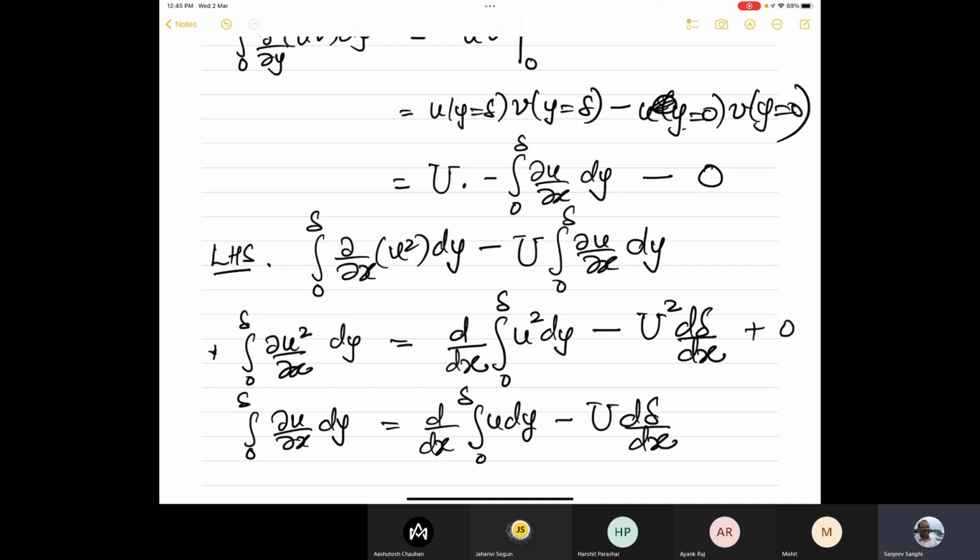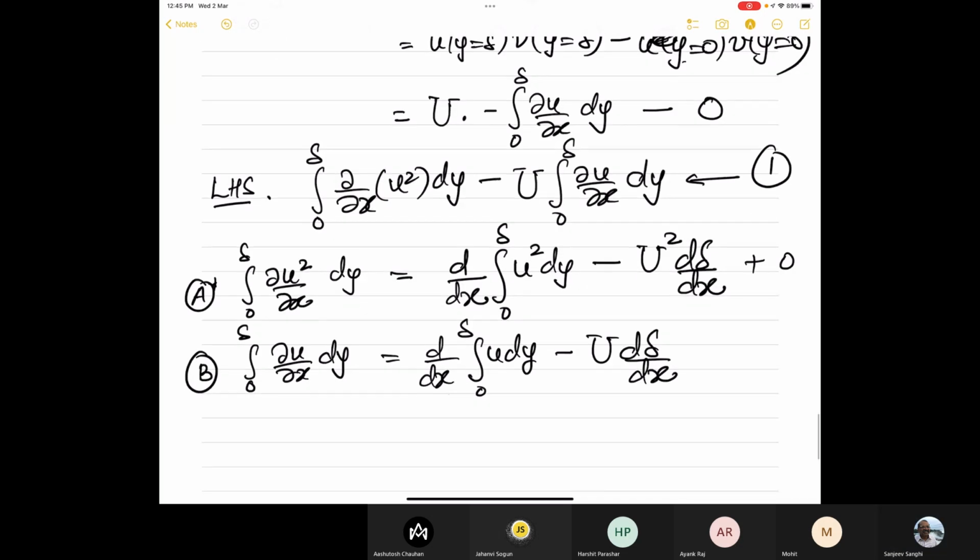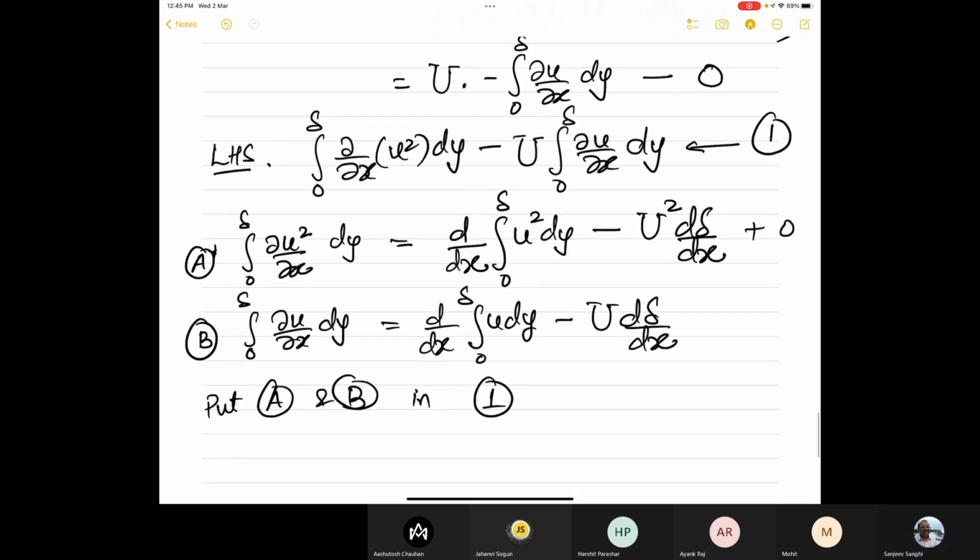So once again, this is for the second term, and let's call this A, let us call this B, and let this left hand side be called 1. So put A and B in 1.